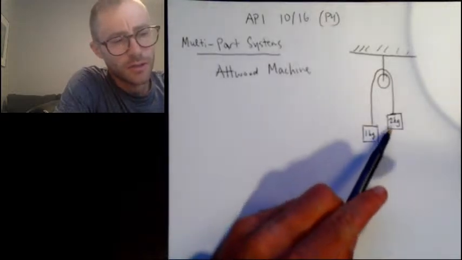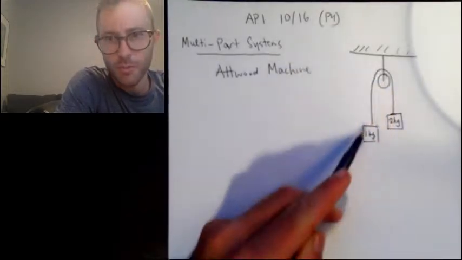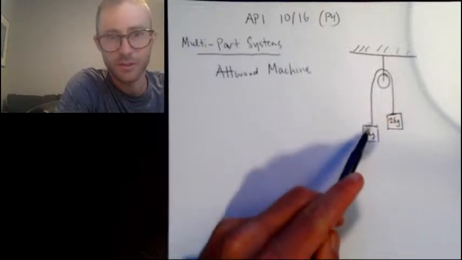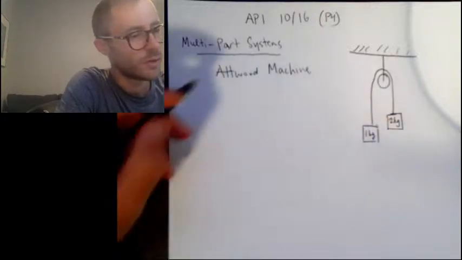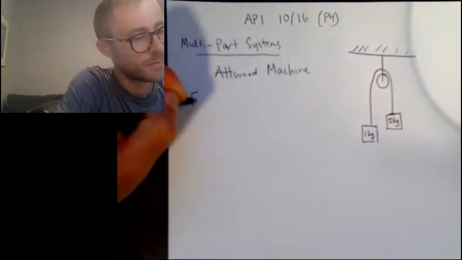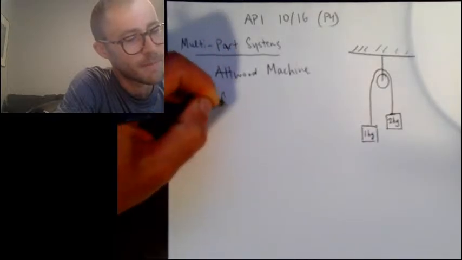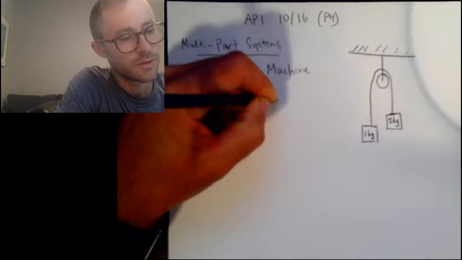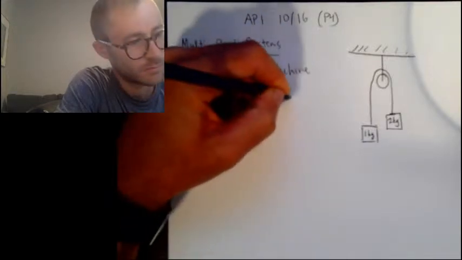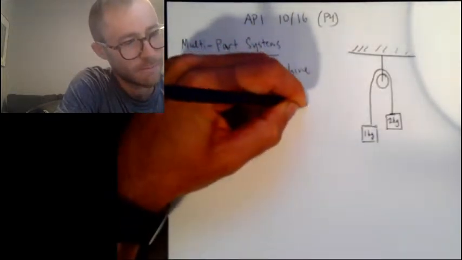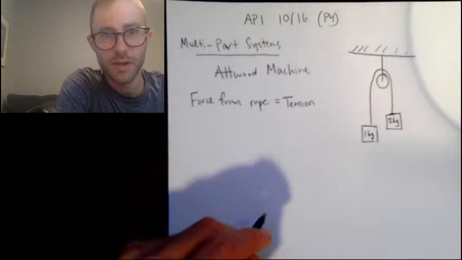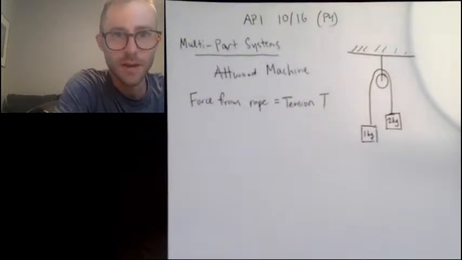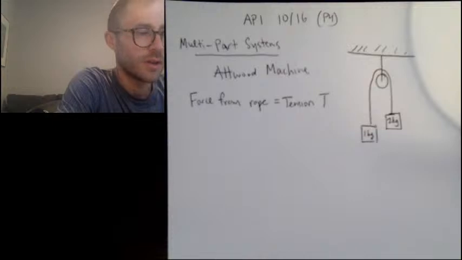So because now this rope is going over the pulley and it's connecting the two masses, okay? So the force from a rope is called tension, which is denoted by T, okay?